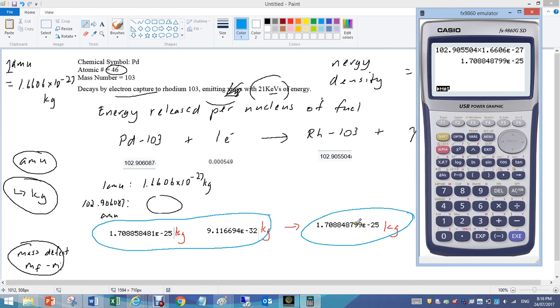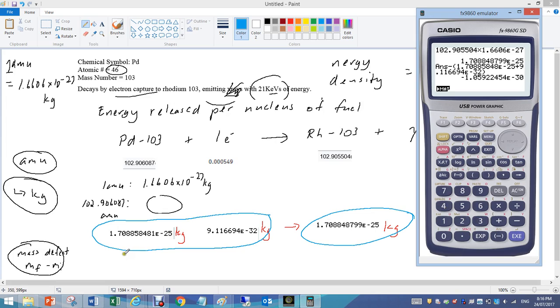So I'll take this and take away the sum of these two. 1.7088584 by 10 to the negative 25 plus that mass 9.116694 by 10 to the negative 32, close brackets.